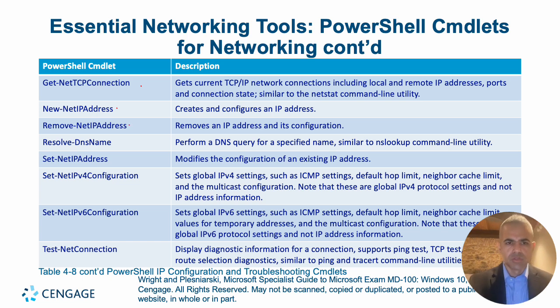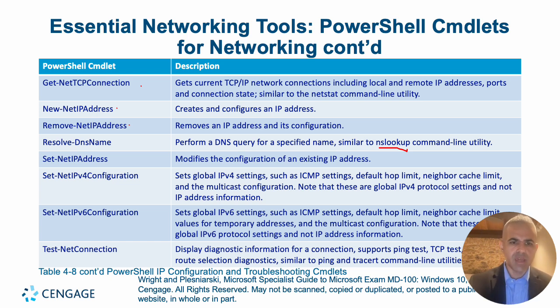You can also use Resolve-DnsName to take a specific name and resolve it to an IP. It's similar to another command that we use called nslookup, which takes a name. Let's say this is Rob's iPhone, and we wanted to know the specific IP address associated with my device. That would give you that IP address.